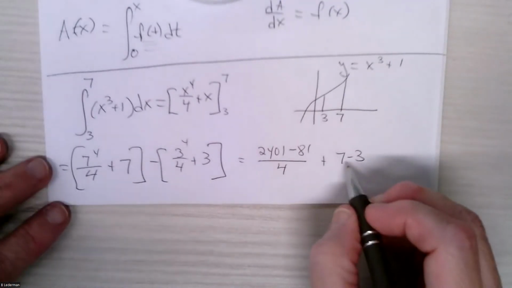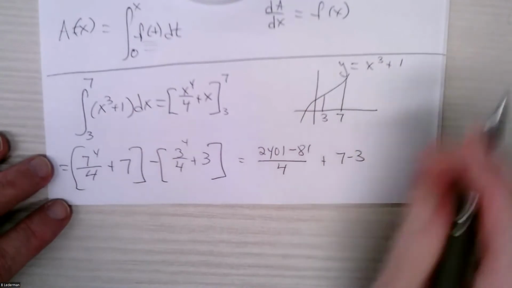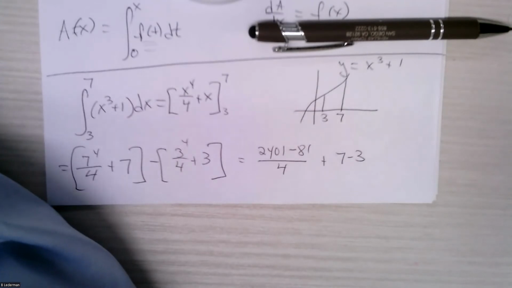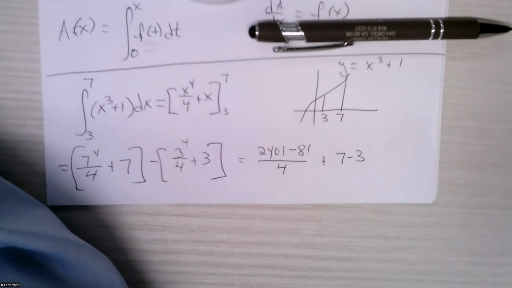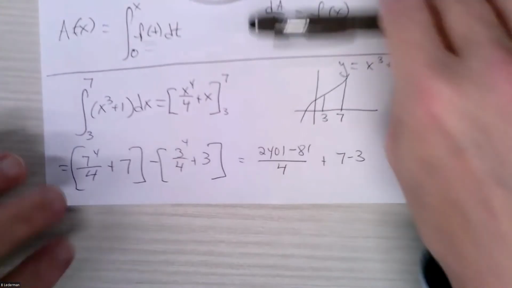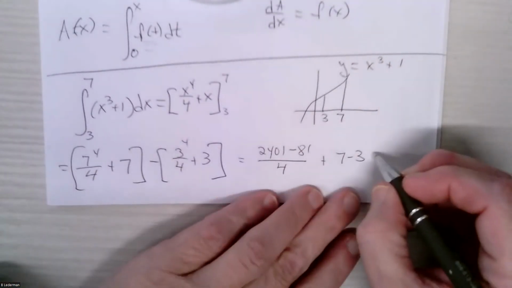Well, that's easy enough. I can do 7 minus 3. 2401 minus 81 equals 2320, and then we're going to divide that by 4. Wow, it went in perfectly. Look at that. And this equals 584.